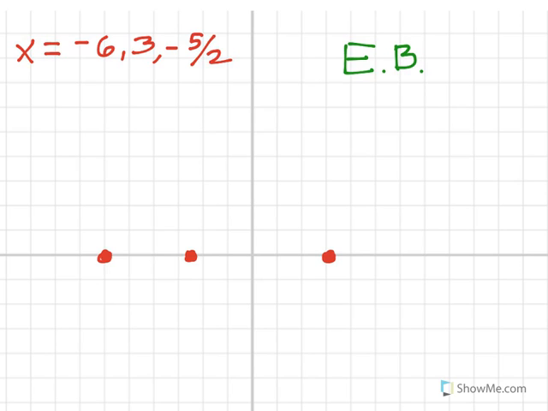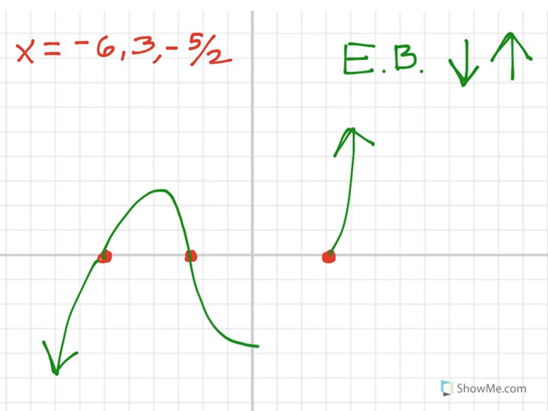We had a positive coefficient to start, which was 2x to the third, so that means it's going to end up. This one is also cubic, so it's going to have opposite end behavior, which means it's going to start down. So just like the last one, it's going to start down, it's going to end up. There's no multiplicity, so we're going straight through.